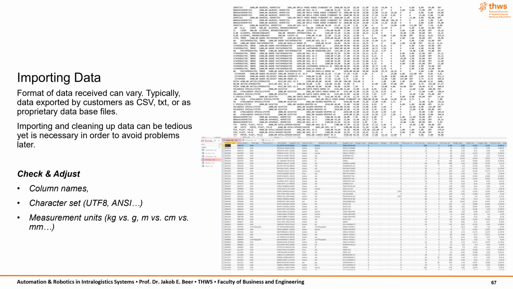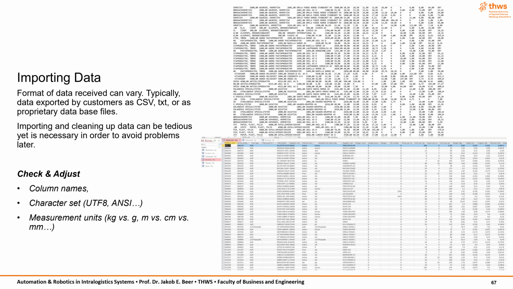So what exactly do we need to do when we import and prepare data? Let's break it down. The first step is to check and adjust column names. Now, this might sound trivial, but it's not. Different customers may use different terms for the same field. One customer might call it item number, another material code, and another SKU.